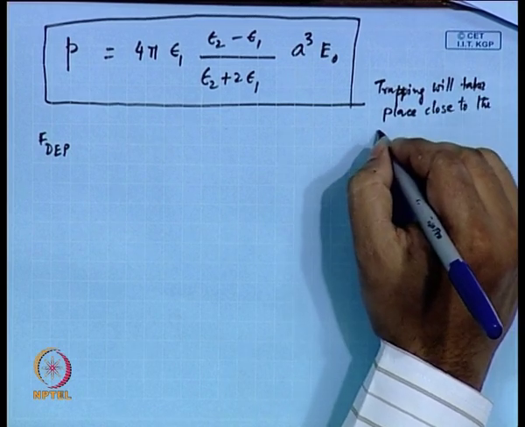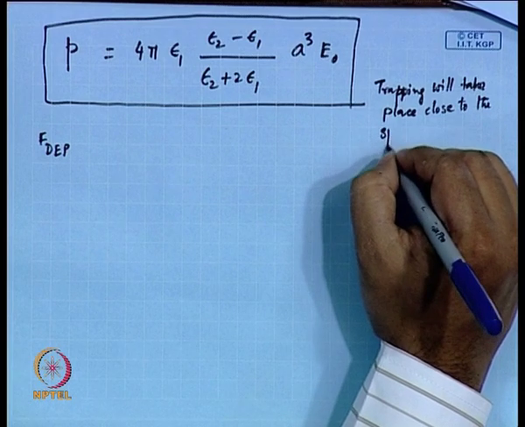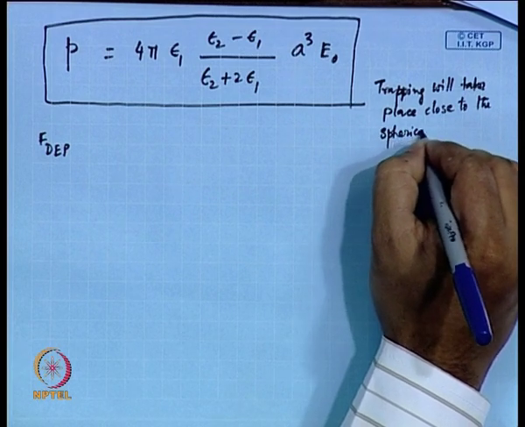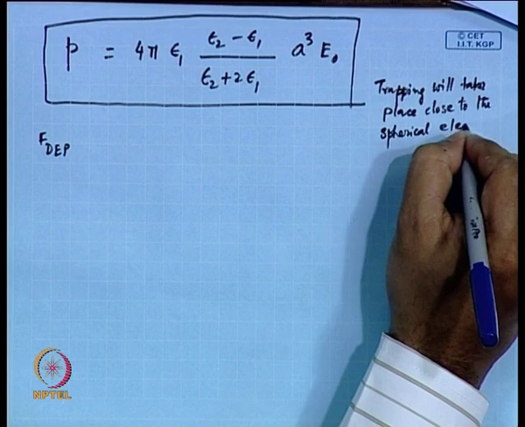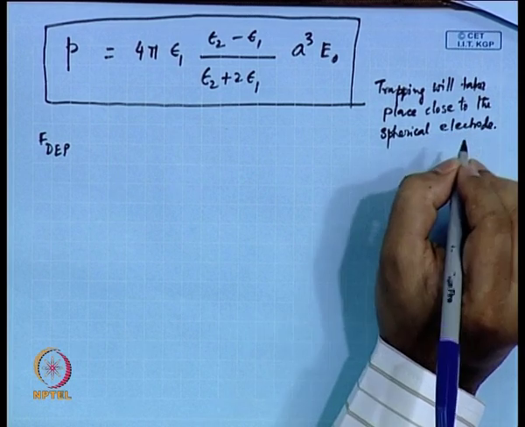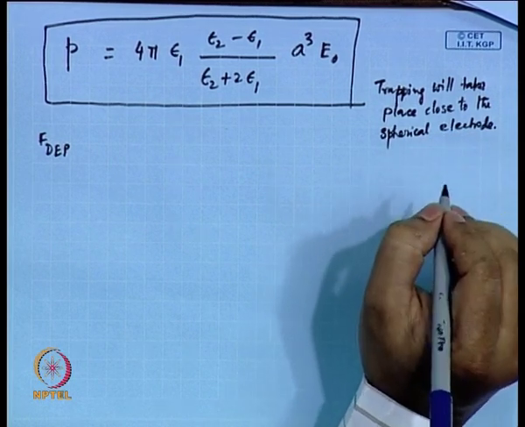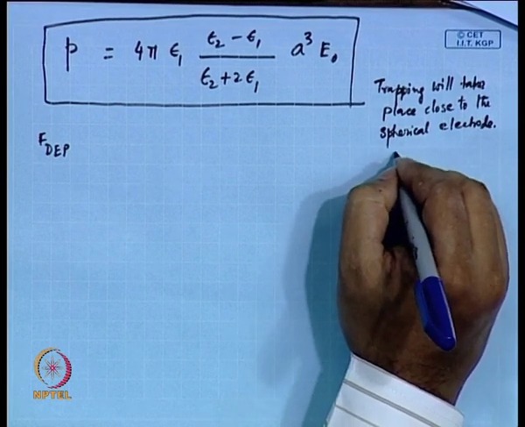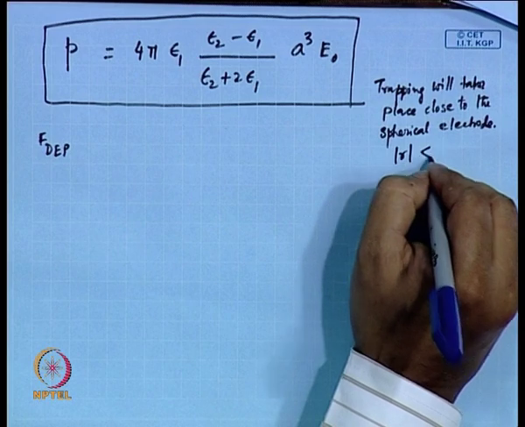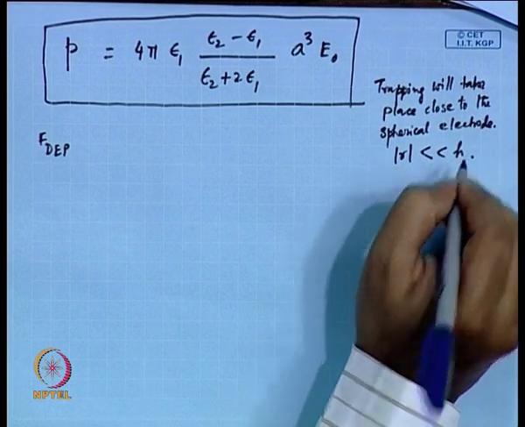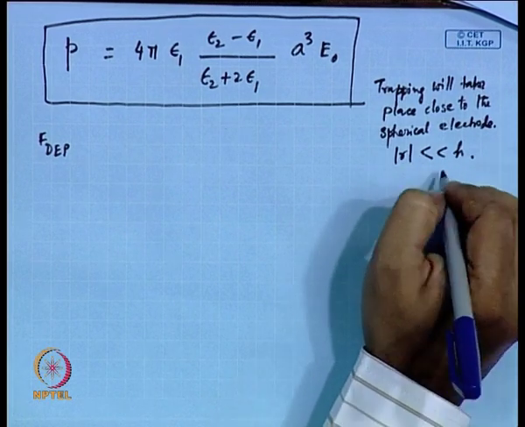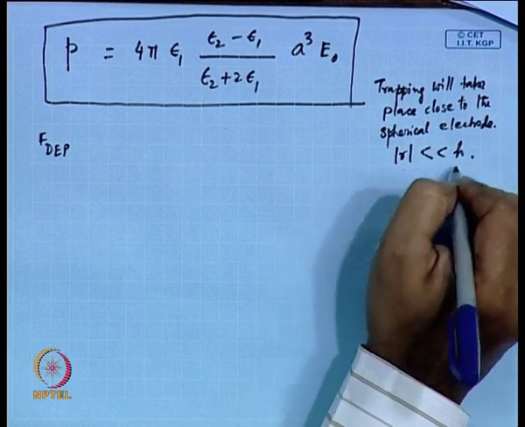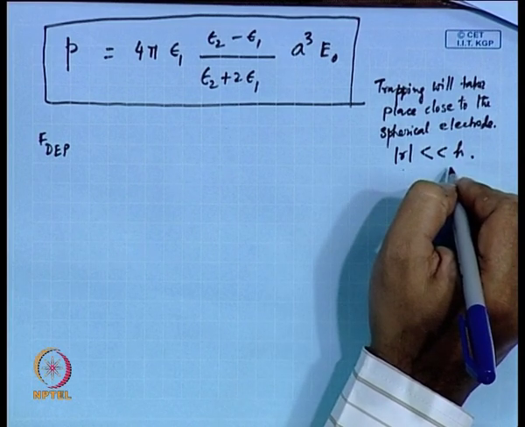We are calling it the spherical electrode, that point electrode. That means the R value that you work with is much less than H.